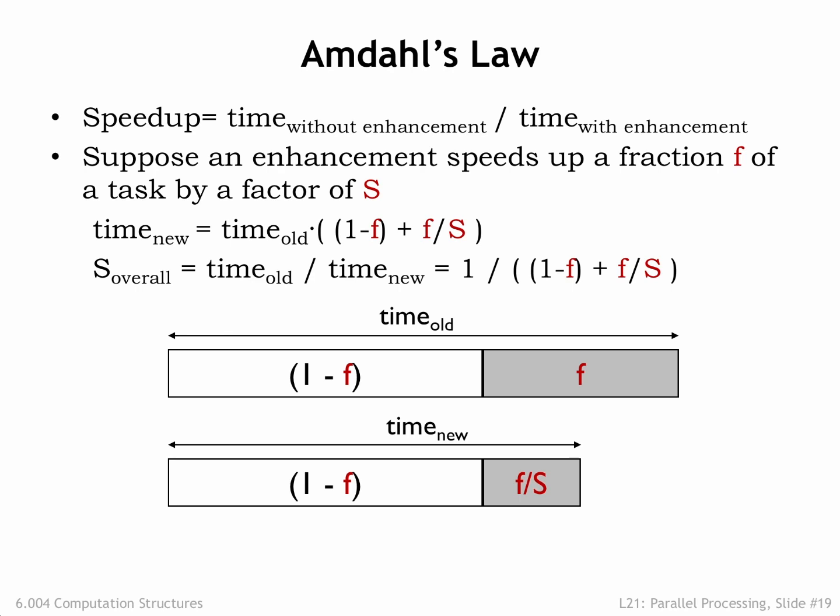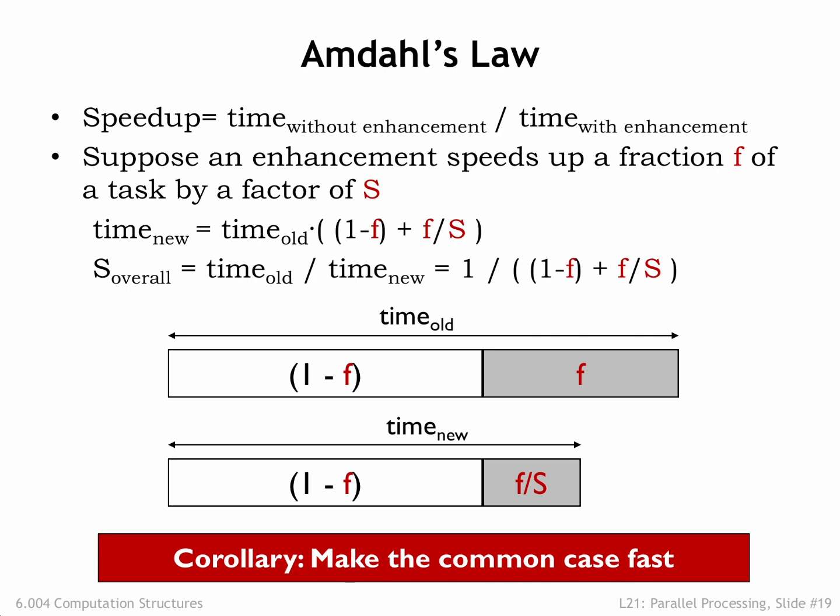As shown in the figure, the gray portion of the task now takes f over s of the time that it used to require. Some simple arithmetic lets us calculate the overall speedup that we get from using the enhancement. One conclusion we can draw is that we'll benefit the most from enhancements that affect a large portion of the required computations. In other words, we want to make f as large as possible.